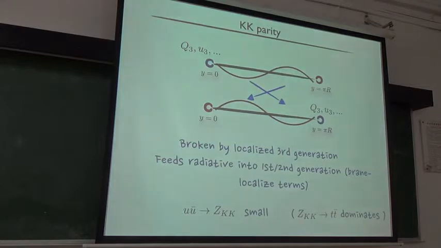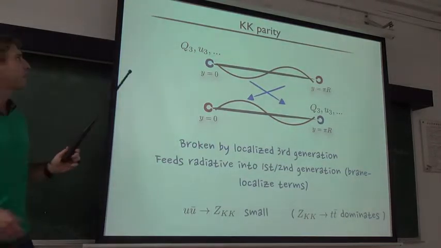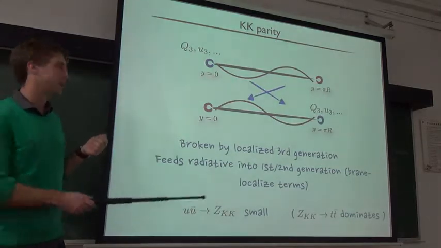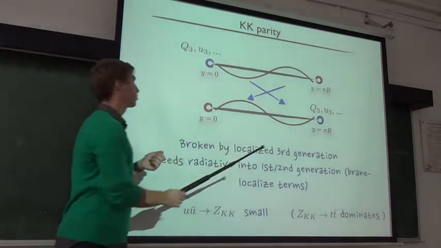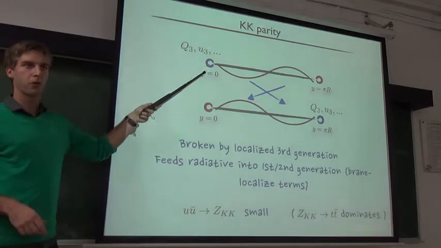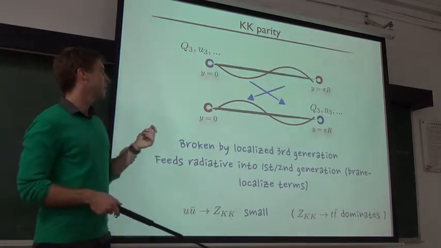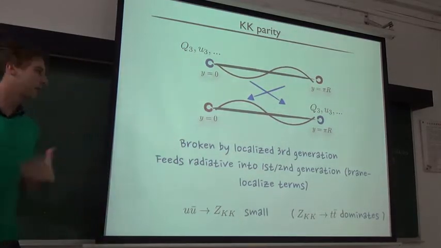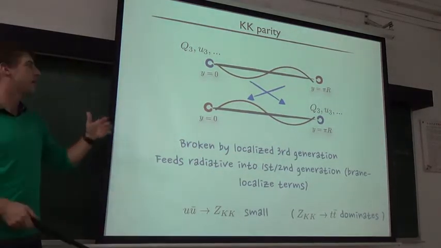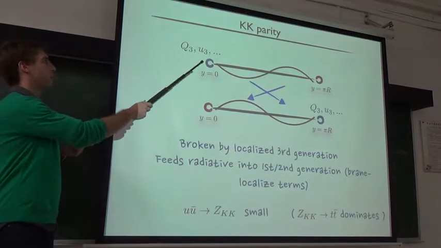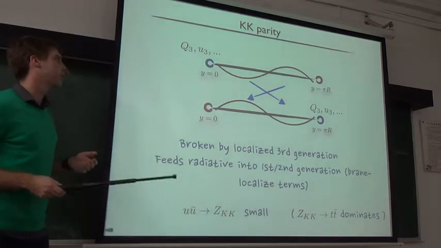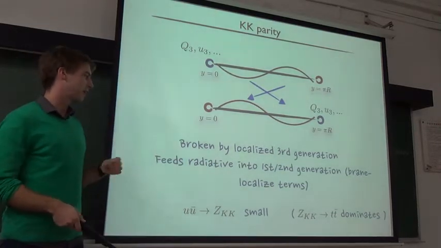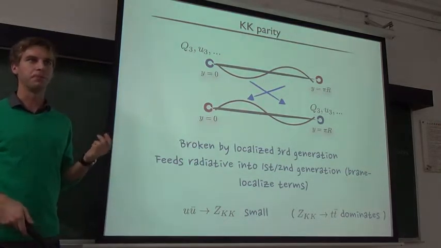Okay. So in these models, there is some difference between this side and this side, because I've chosen to put some of the matter on one of the branes. So there is a small breaking of KK parity from this choice. And so something that you might see, and that might tell you about the structure of the model of having some states localized, is that this KK parity would be an approximate symmetry.